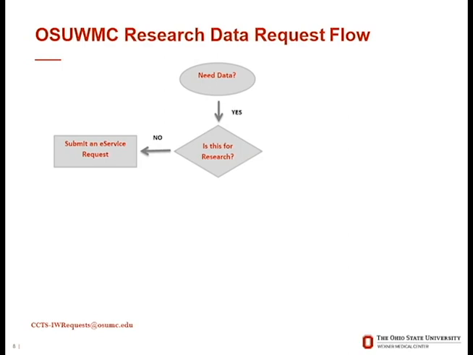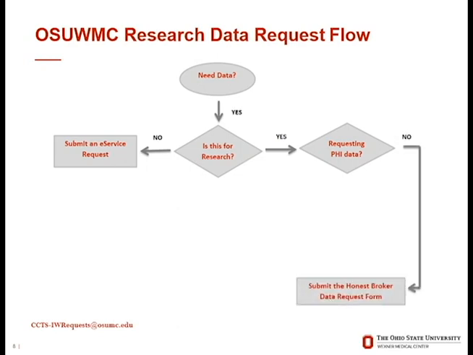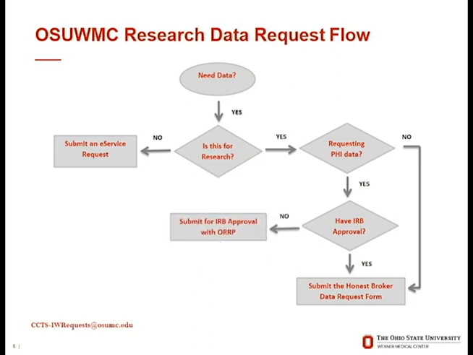But if you think that this is for research, then the question is, are you requesting PHI? If you are not requesting PHI, submit the data request form. If you are requesting PHI, the next question is if you have IRB approval. If so, submit the request. If not, you have to submit the IRB with ORRP, and once it gets approved, submit the data request form.